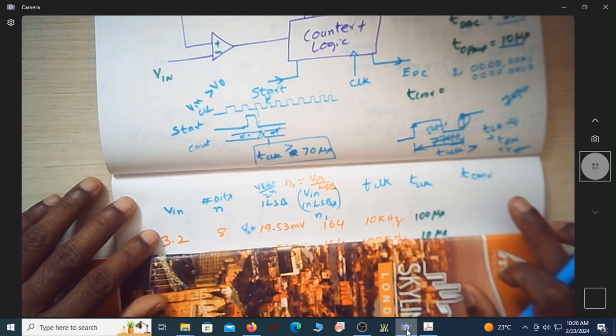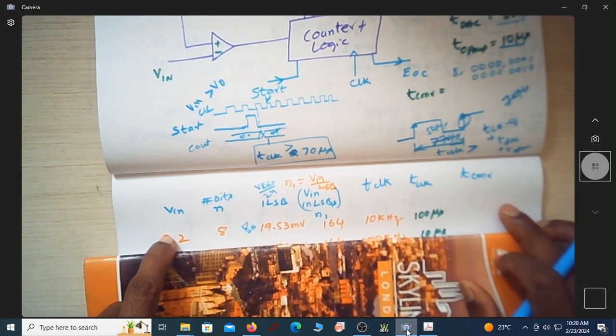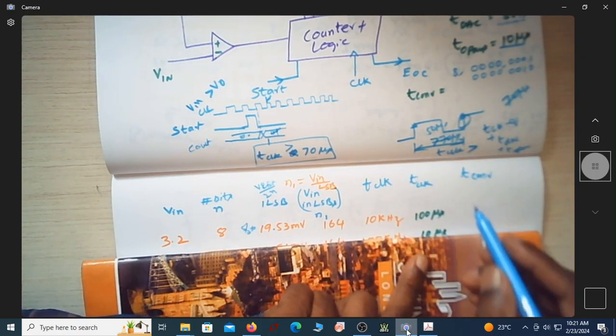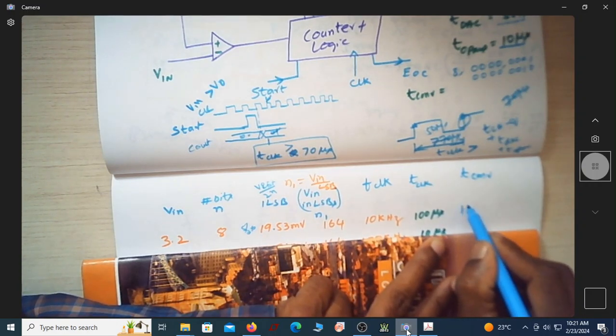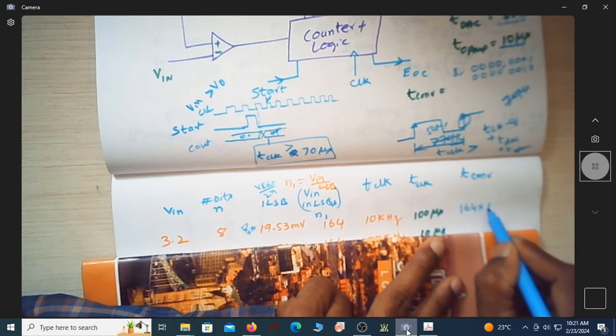So what is the conversion time? The conversion time is given by the number of LSBs for the given input multiplied by the clock time period. How many LSBs are required? It has to increment 164 times multiplied by 100 microsecond.